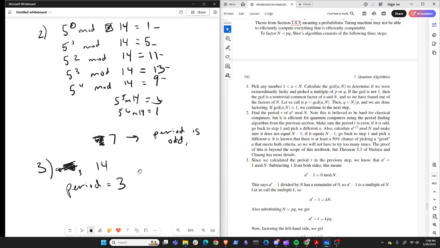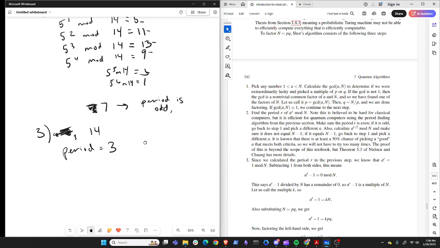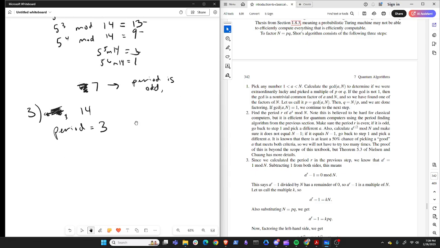So then we know that a to the rth power is equal to 1 modulus n, so 1 modulus 14, for example.